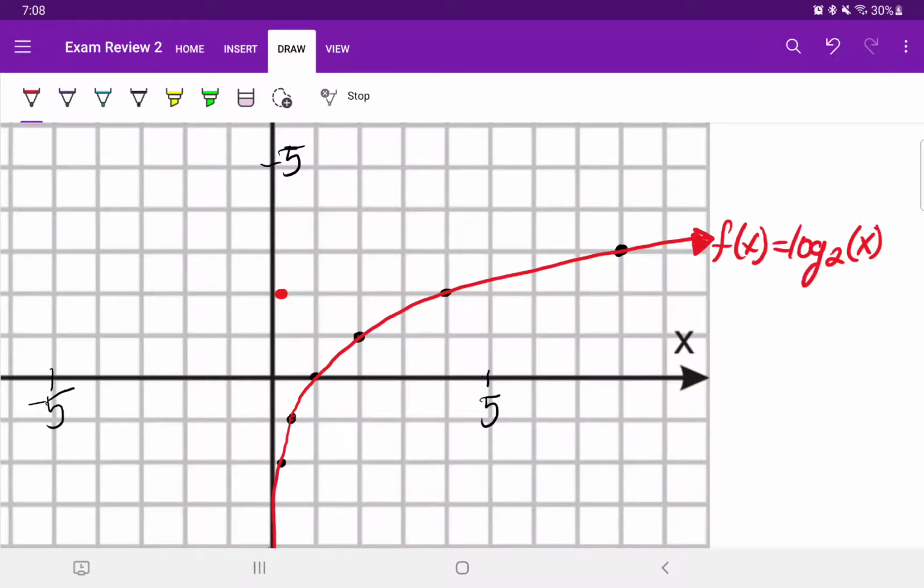You reflect that point across the x-axis, that's going to become 1/2 and +1. This coordinate right here is the point of 1, 0. That is on the x-axis, so I cannot reflect it. So I'm going to leave it the way it is. The next point is the point of 2, 1. Reflect that across the x-axis is going to become the point of 2, -1.